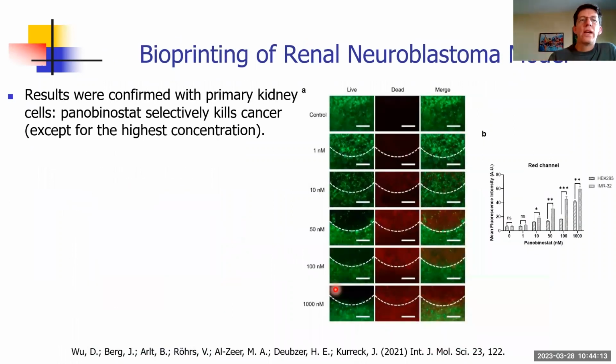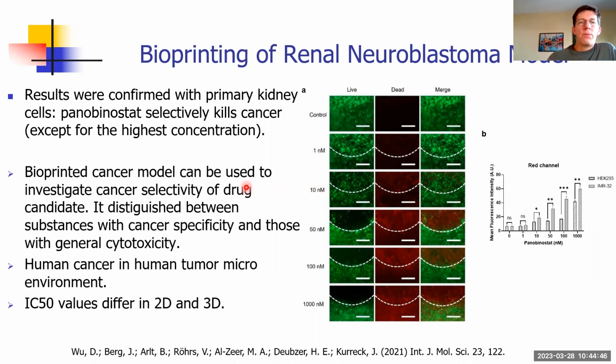In the final experiments, we replaced the HEK293 cell line, which is a cell line again, by primary kidney fibroblasts, and fortunately results were the same. When using panobinostat as a selective anti-cancer drug, we only selectively killed the cancer cells, but we did not kill the kidney fibroblasts. So we confirm that panobinostat can be identified as a substance that is specific for the tumor.